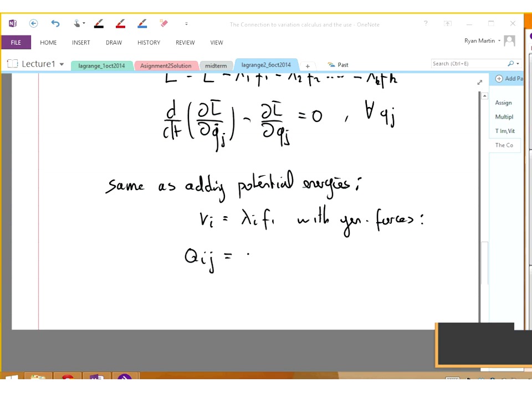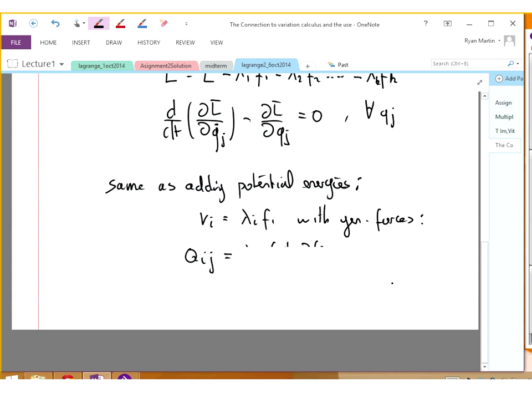And those generalized forces would be given by lambda i, d by dt of ∂Fi by ∂qj dot, minus ∂Fi by ∂qj. Here I've used the most general possible form of a force given by a potential, and that's the monogenic case.